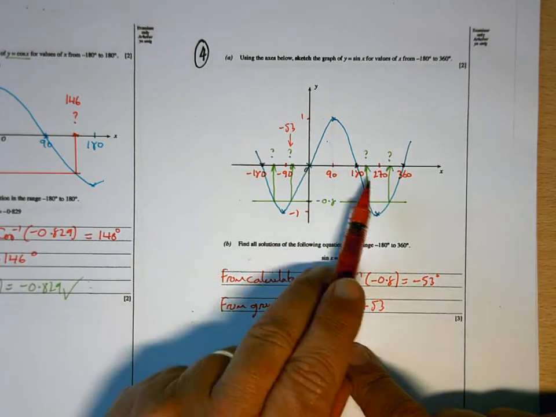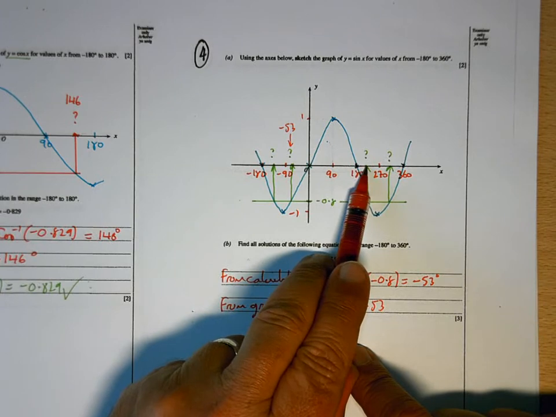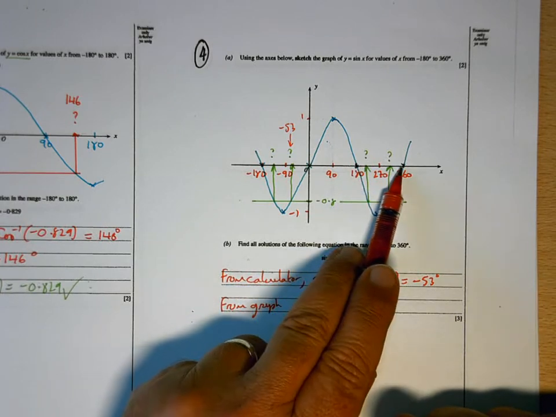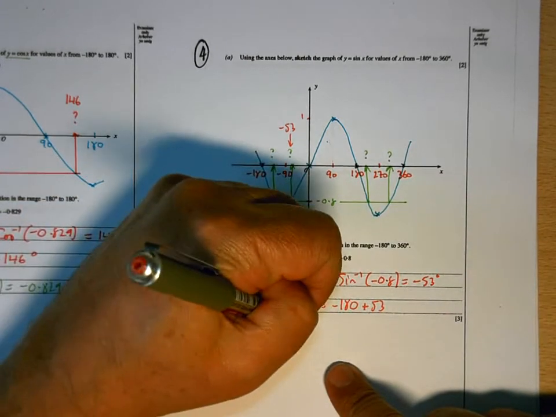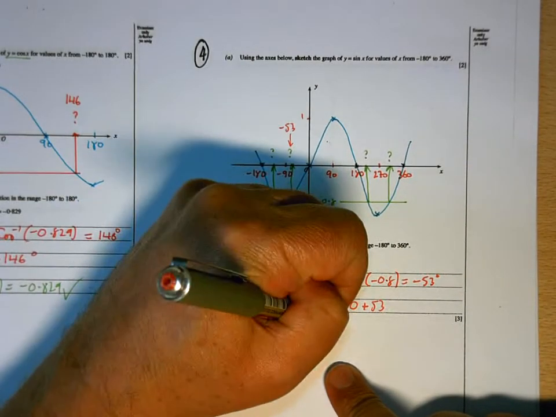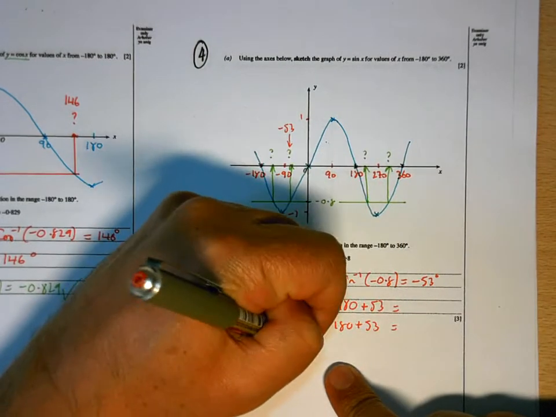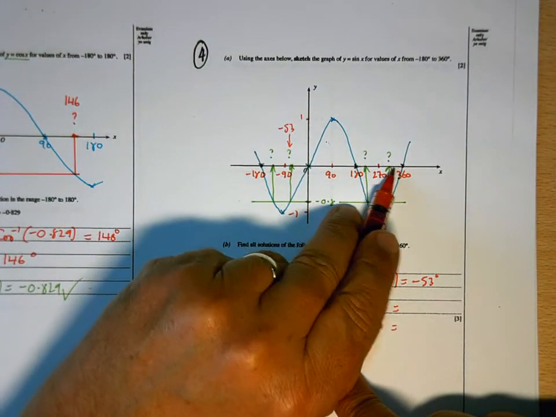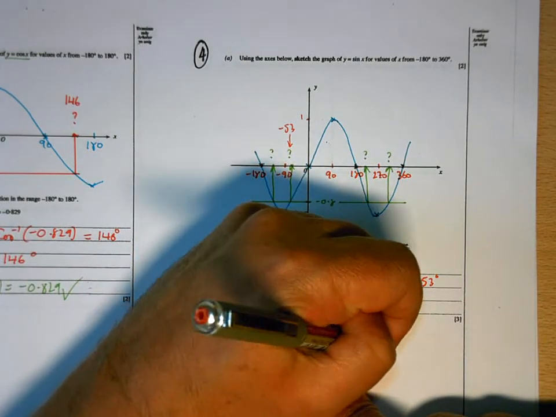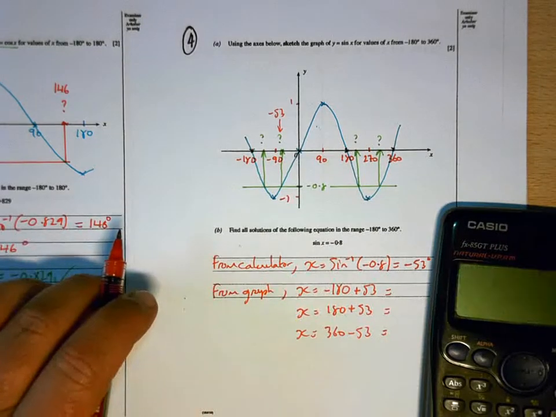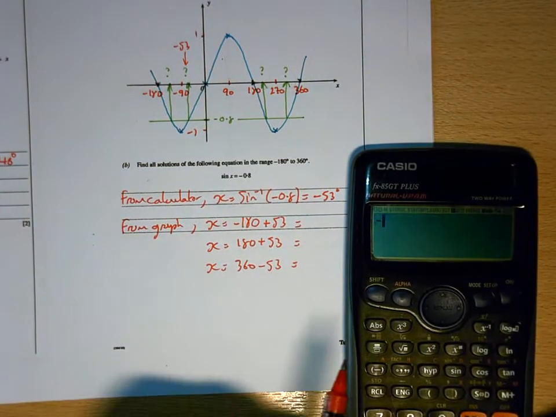And then over here, that one is going to be 180 plus 53. And that one's going to be 360 minus 53. So let's work out those.